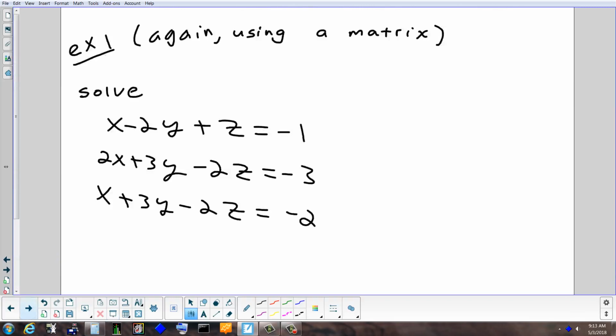Okay. So let's look at an example. This was the first example in the notes. I didn't feel like we needed to do it the old way, so we're not really solving it again. We're just solving it for the first time using a matrix.